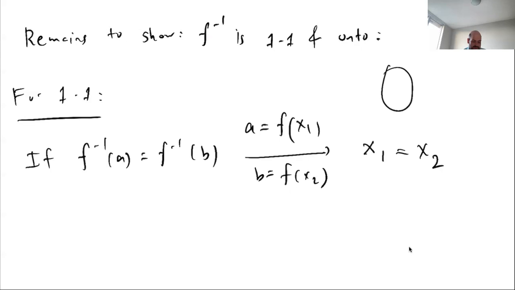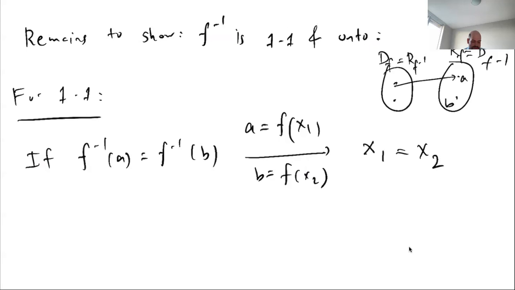Let me draw a picture here. Let's say this is A, this is B. This is the range of F, which is the same as the domain of F inverse. And then I have some x1 and x2 in the domain of F, which is the range of F inverse.